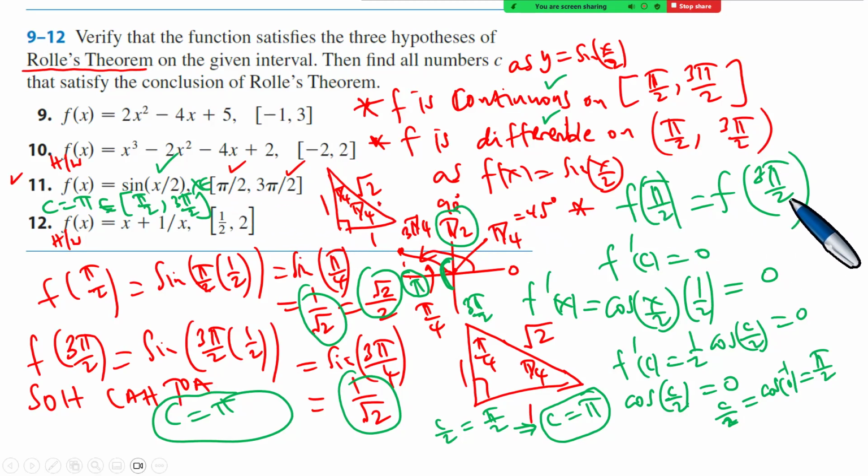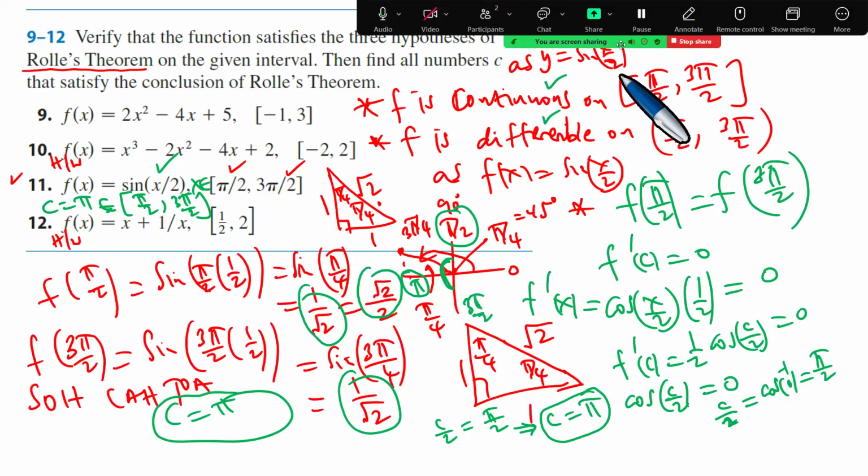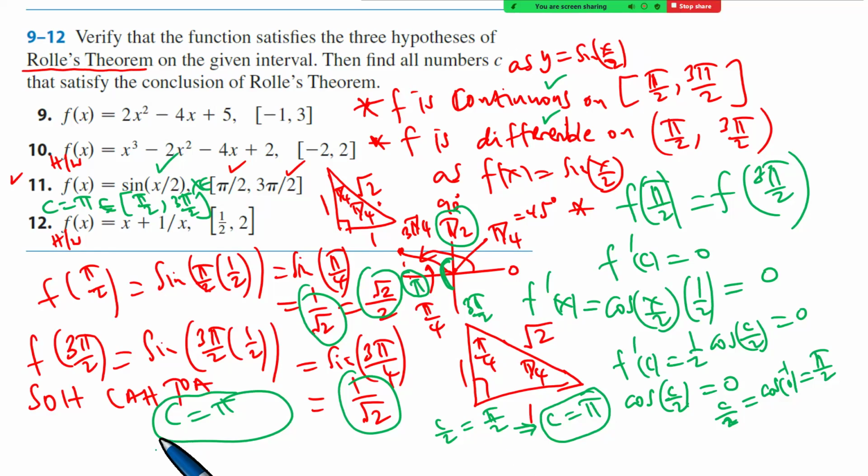So this function here is equal at the endpoints of the closed interval. There it is. Okay. Then if these three conditions hold true, then we can find our c. Our c is pi, and pi is the intermediate angle between exactly pi over 2 and exactly 3 pi over 2. We're good.